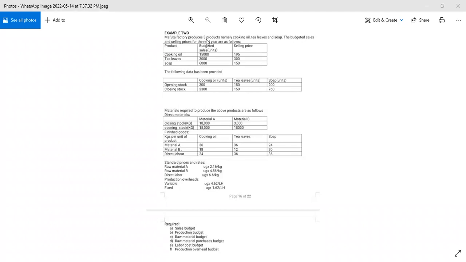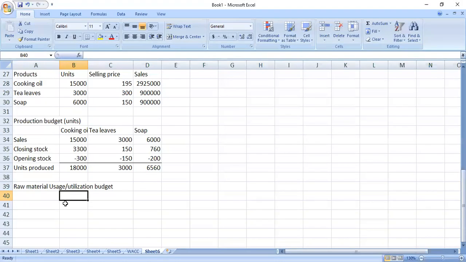So your worksheet must always reflect what you're looking for. So you're saying you have materials here. It is the A and the B. Those are the raw materials you're looking at.